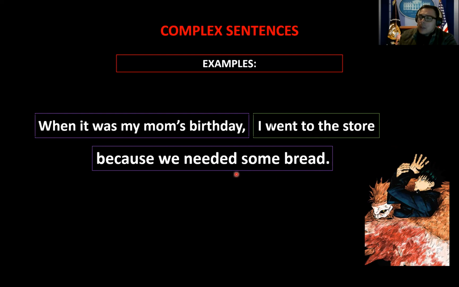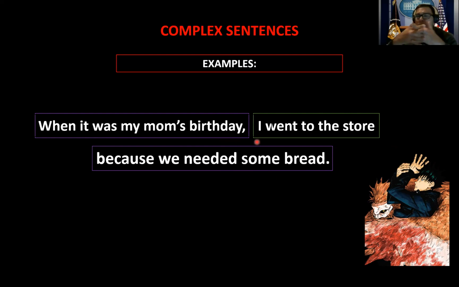And what I want to point out here is the use of commas. You guys might see a comma right there, right? So if we start with a dependent clause, like in this case we did, and then we move on to an independent clause, there's nothing to join these two together. After birthday, I automatically start my subject.